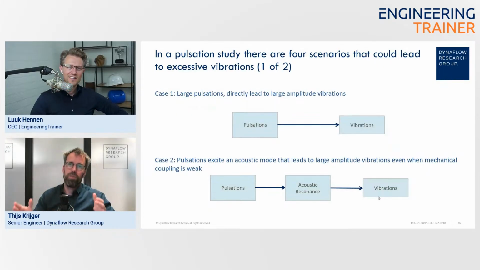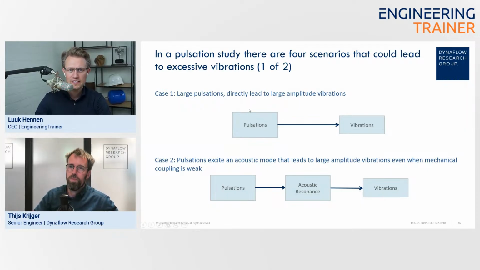So we can summarize this maybe with some cases. This is the case you were talking about before. We have high pulsations and we can still cause vibrations even though there's no resonance. There are also possibilities where maybe your pulsations are a bit lower, but you have acoustic resonance. And those can cause the same thing. So you're still going to have high shaking forces acting on a system that might not be mechanically resonant, but it still causes vibrations.